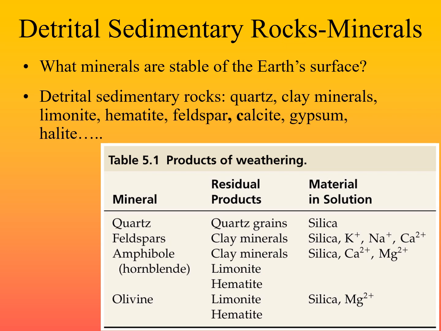Those might break down much faster, relatively speaking, compared to quartz and feldspar mainly. Most of the sediment that we see in detrital sediments is composed of these happier elements and minerals at the surface. And so we see a lot of quartz sticking around and getting smaller and smaller.